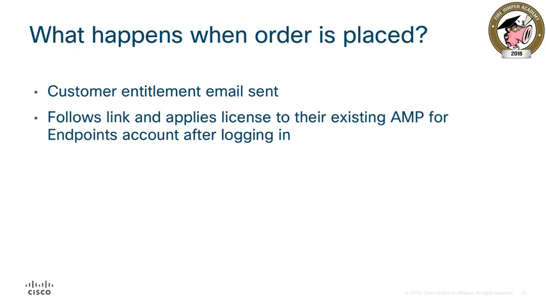While following the provisioning email link allows them to create a new AMP for Endpoints console account, customers should first apply to their existing AMP for Endpoints accounts to avoid having to reconfigure and redeploy the AMP for Endpoints connectors. If the entitlement email is not received or any of the details contained within it are incorrect, reach out to the provisioning teams to investigate those issues.